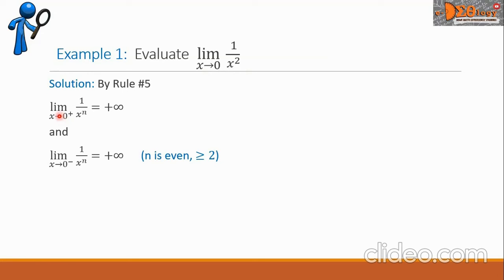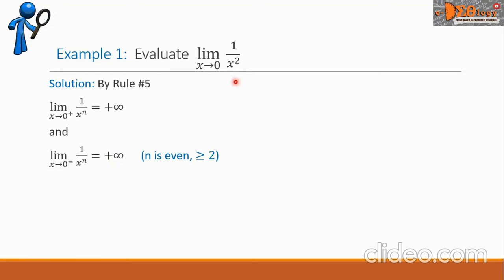It says the limit of the function 1 over x raised to n as x approaches 0 from the right equals positive infinity, while the limit as x approaches 0 from the left is equal to positive infinity, provided that n is even and n is greater than or equal to 2.